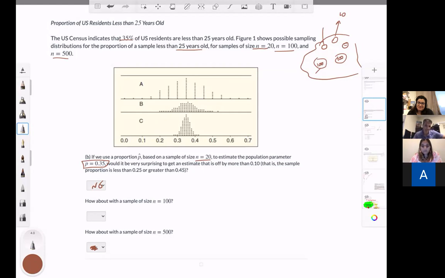With a sample size of 100, I would be surprised, because we picked enough sample. So 10% is very off.